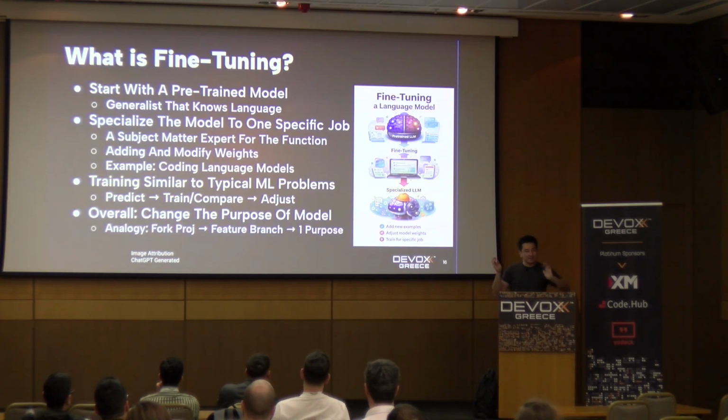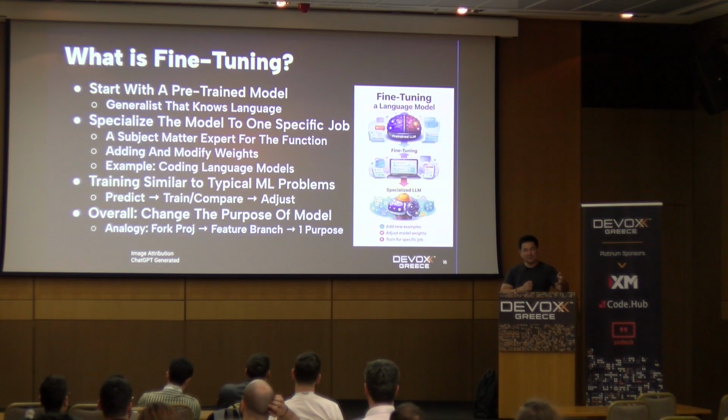For the non-technical folks who aren't in the ML world, think about taking an existing project on GitHub, forking it, and then making a feature branch that drastically changes the project to only do one very specific thing. That's exactly what fine-tuning does, right? You're taking an agent, adding some knowledge to it, and making it only do one specific thing. Be a subject matter expert.